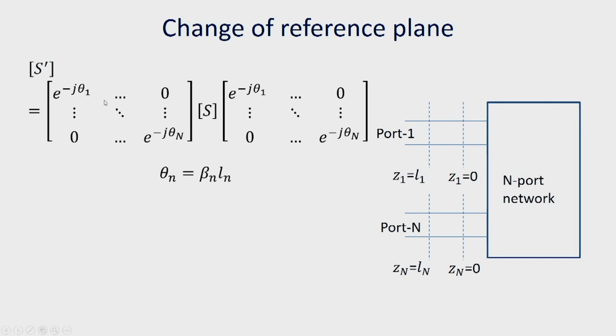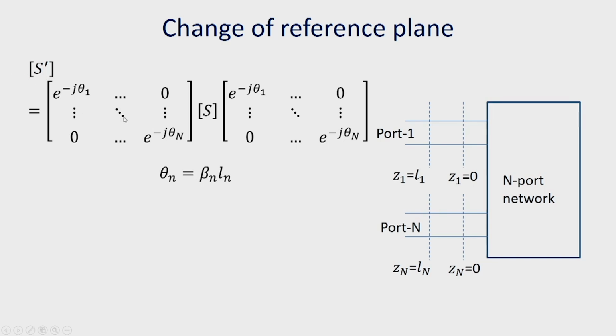So, it has been moved by this distance, and then the modified S parameter S dash becomes S pre and post multiplied by these two matrices, where the off-diagonal elements are 0 and the diagonal elements are e to the power minus j beta n Ln. So, for port 1 it is e to the power minus j theta 1, which is equal to e to the power minus j beta 1 L1.